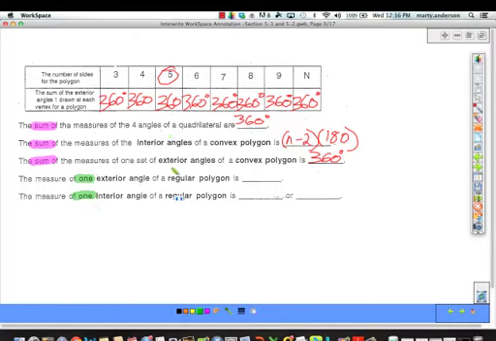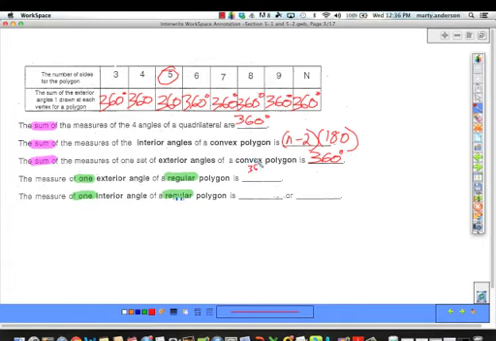Now we're also talking about a regular polygon. A regular polygon is a polygon that has all of its measures equal. So we're talking an equilateral triangle, a square, they just showed you that regular pentagon that had all 108-degree angles. So when we're talking about one exterior angle, if all of them is 360 degrees, how are we going to figure that out?